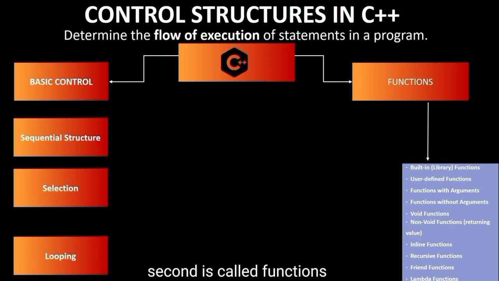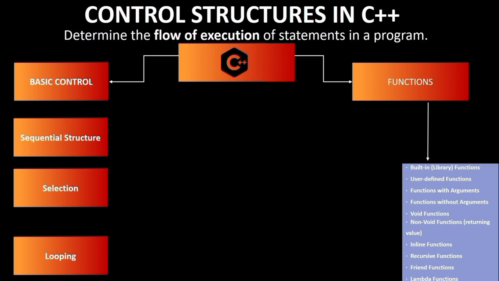Second is called functions, which contains things like built-in functions, considered to be library functions, up to lambda functions. Mainly the discussion for today will look at basic control, and in the next episode, we'll continue with functions.